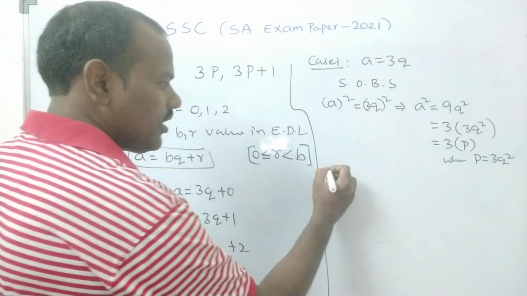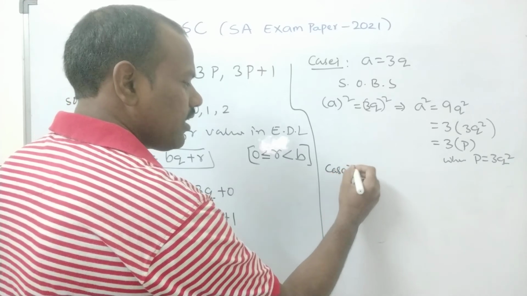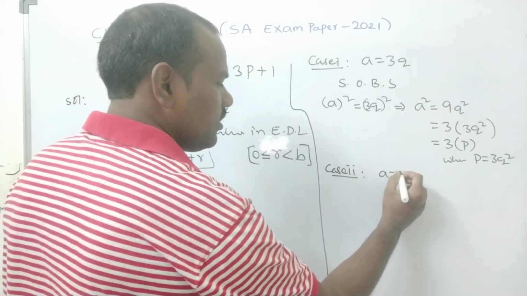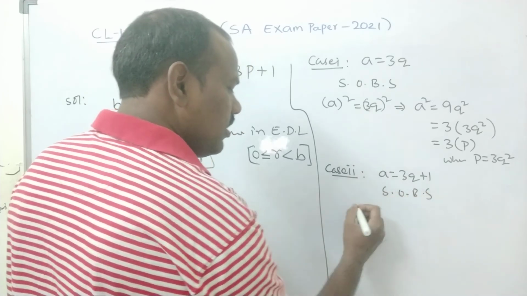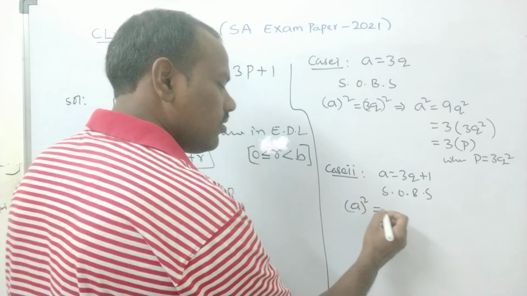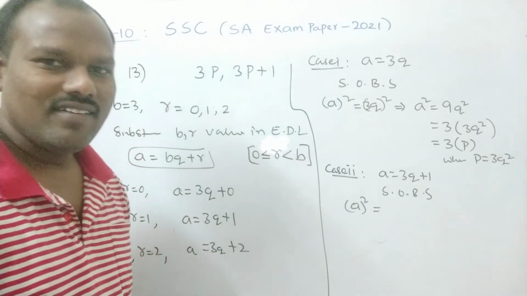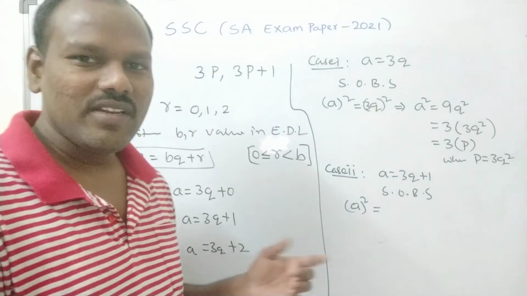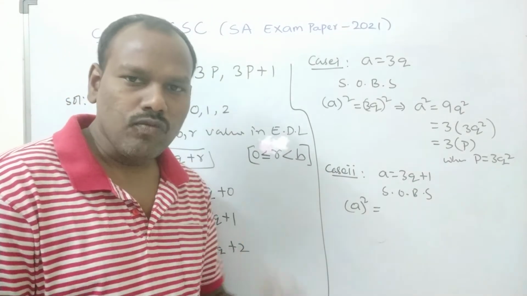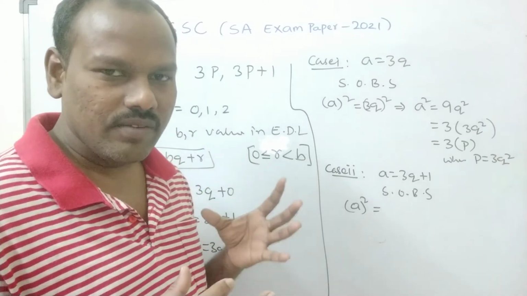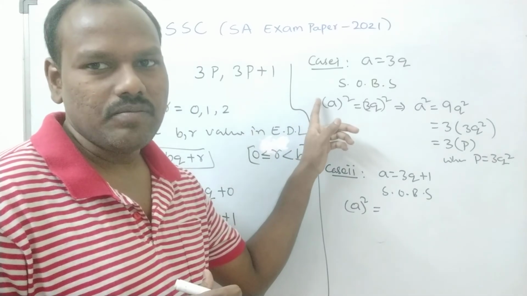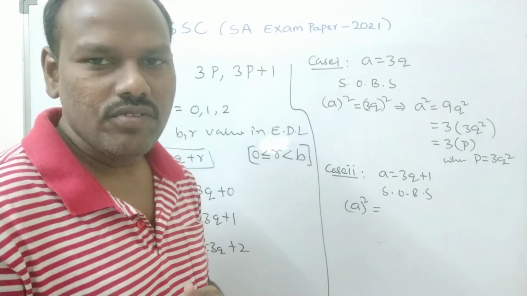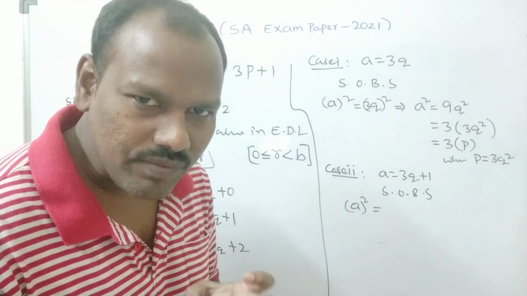Now let us take case 2, the second number, A is equal to 3Q plus 1. Again if you apply squaring on both sides, we will get A square equal to... are you listening or sleeping? Okay, look here, very important question. In the whole textbook, a few questions are very important, 100% sure questions, in which this will come, because using Euclid division number patterns is very important.